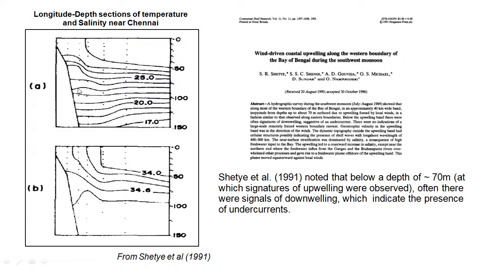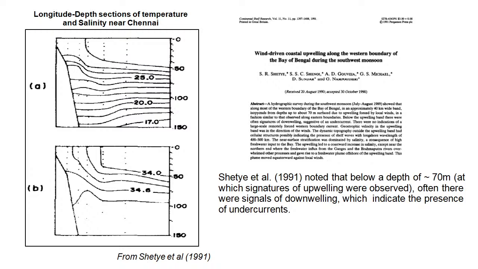This gave an indication that the surface flow may be in one direction and the subsurface flow in another direction. These were intelligent deductions from very sparse data at that point of time by the group at the National Institute of Oceanography.